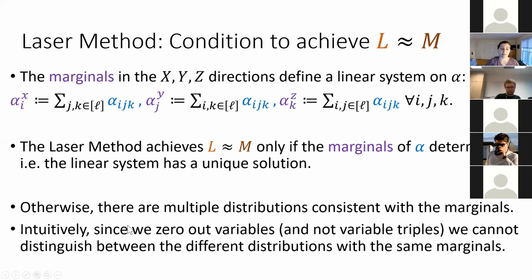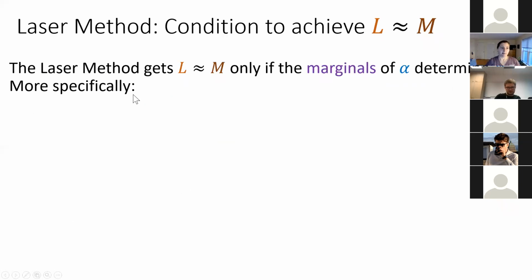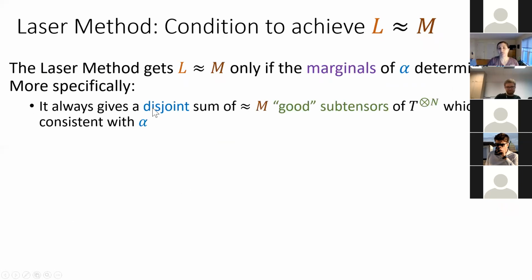Right. So as I said, we're zeroing out variables. We're not zeroing out triples of variables, so we cannot distinguish between different distributions that have the same marginals. So what the laser method actually gives you is a disjoint sum of M, which is the maximum thing, good subtensors, meaning those that are consistent with the distribution you want.